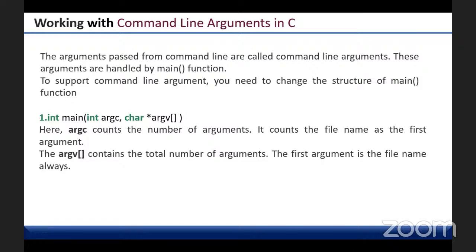argc counts the number of arguments. It counts the file name as the first argument, followed by any parameters you are passing. argv contains the arguments: the first argument is always the file name, then argument 1, argument 2, like this.